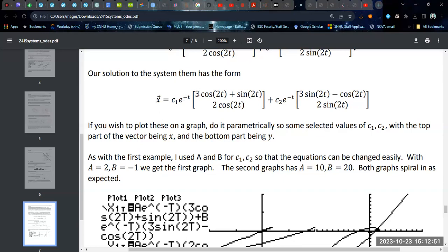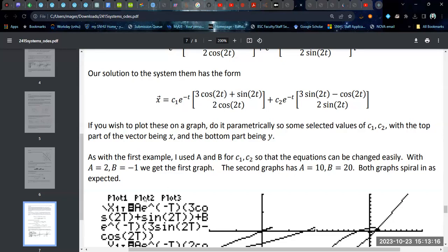So e to the negative t times 3 cosine 2t, now the 3's here are going to be important because they're going to rescale this constant from these two equations. So once you pull these out, you can't actually absorb them into the constant because they have to be scaled in a particular way relative to each other.